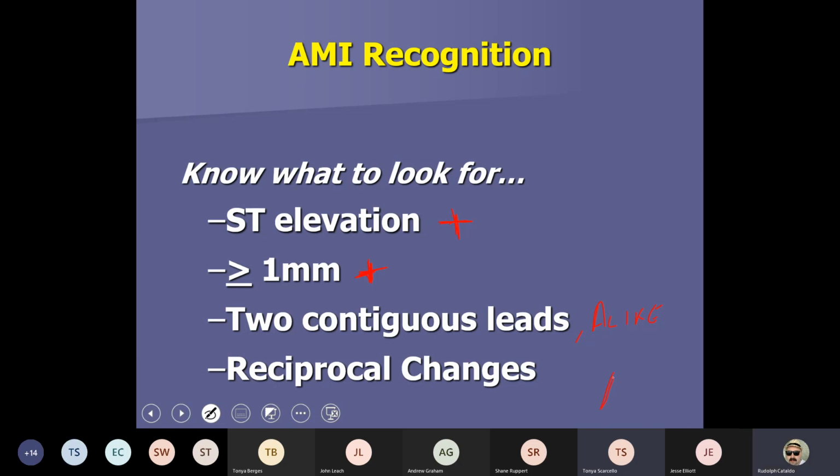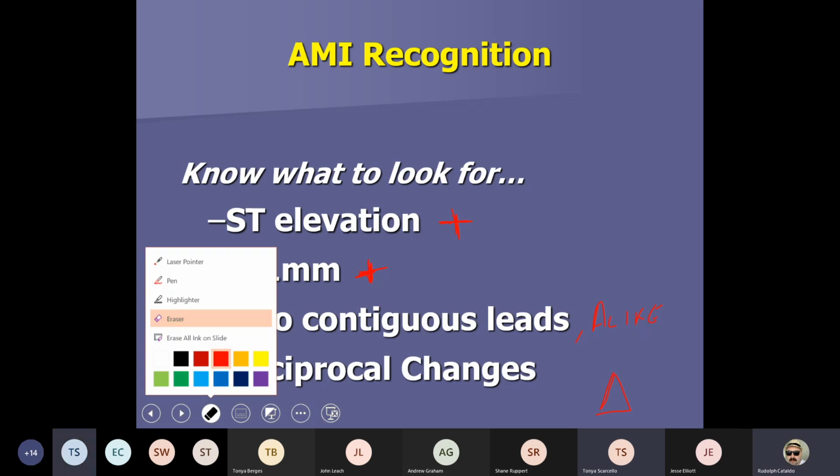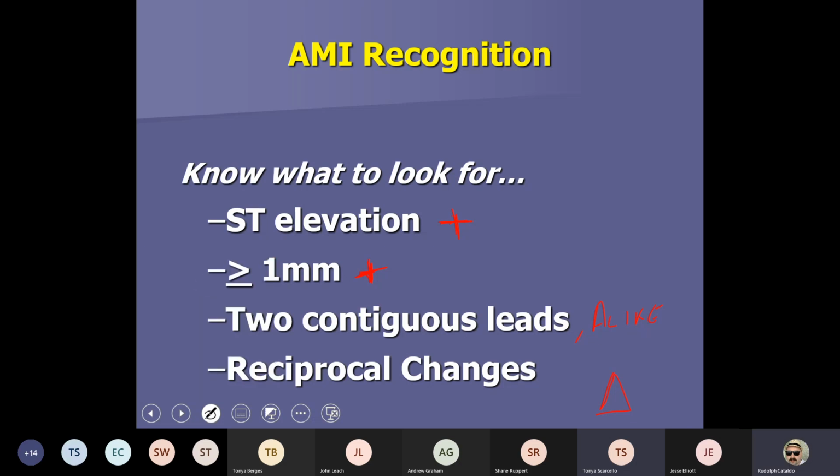If I was to draw a little scale here, that's my normal scale. Everything is even, right? If I put weight on one side, or if I have a blockage on one side, my scale tips. This is depression. This is elevation.